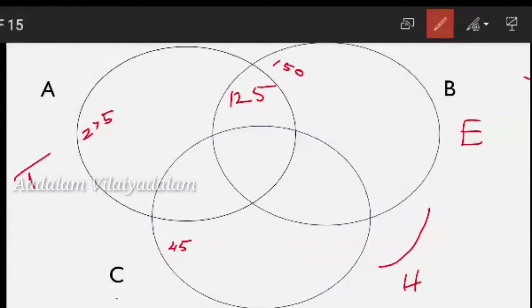How many families are buying that one? 17 families. And what about Hindi and Tamil newspapers? 5 families are buying Tamil and Hindi newspapers. And finally, all the 3 newspaper buyers, A, B, C or T, E, H, are 3 families.